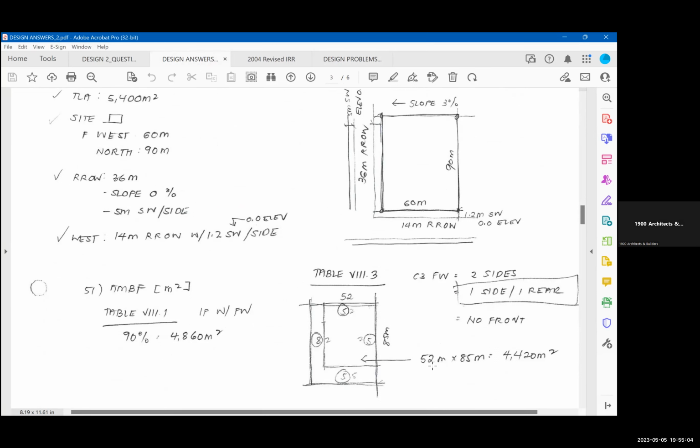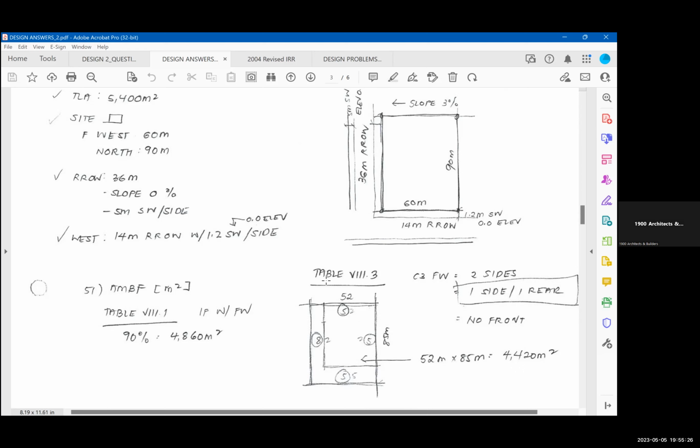So, makukuha natin ang area, which is 52 times 85 is equal to 4,400. So, ito pinakita ko kung paano kunin yung AMBF.